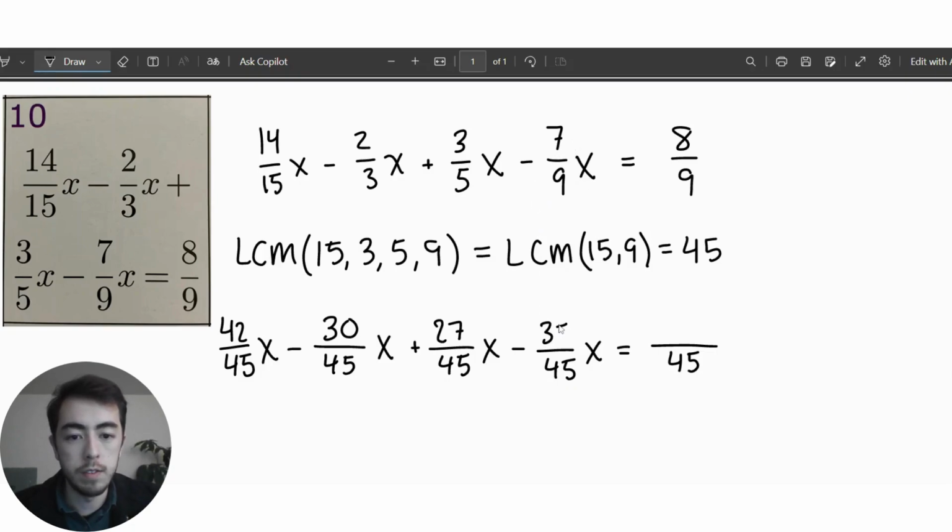That's a 35. And then finally, oh, it's 9 again. 9 times 5 is 45, so I'll do 8 times 5, and that gets me to 40. There we go. So I found a common denominator, and now I can add and subtract my fractions.